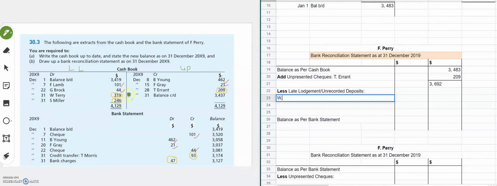Now I'm going to go ahead and enter my late lodgement, which would be found on the debit side, and we did not tick them, so it is W, sorry, and this one. I'm going to enter my figures here because we're going to total the figures and bring them across. 240.